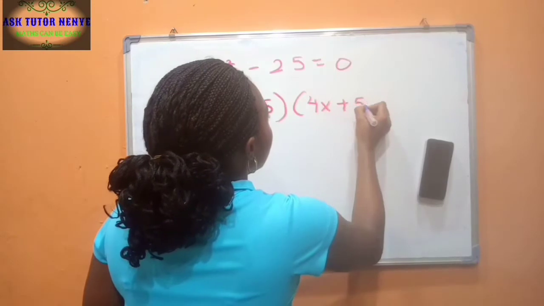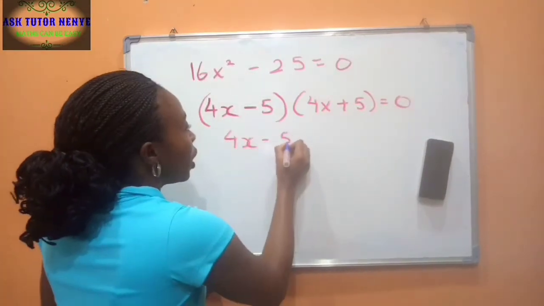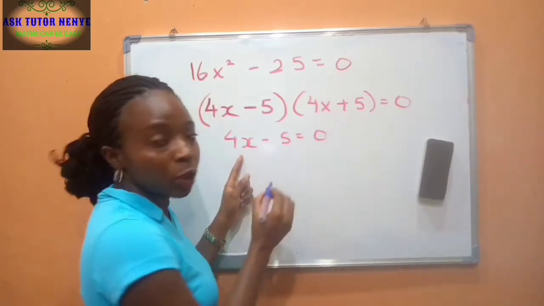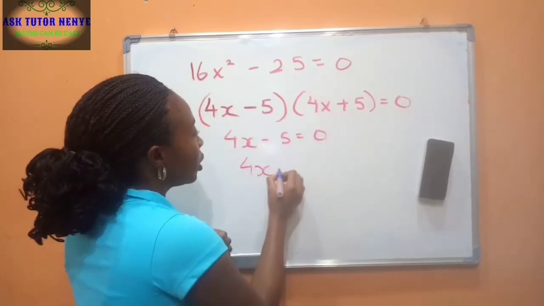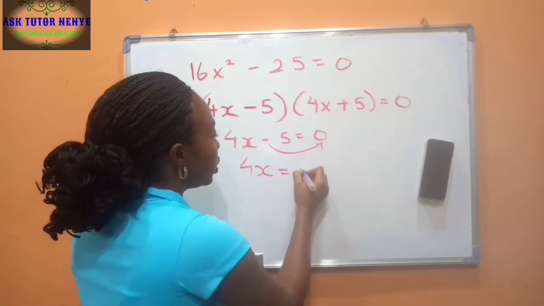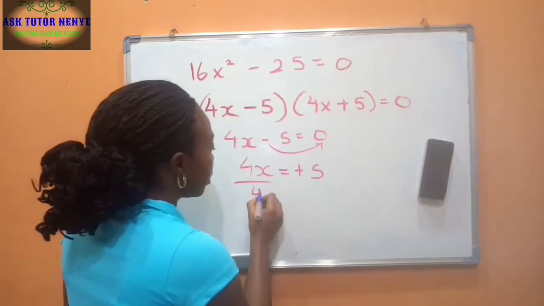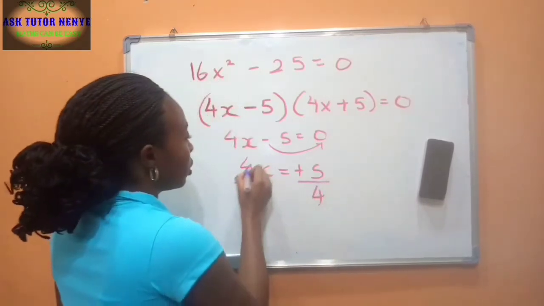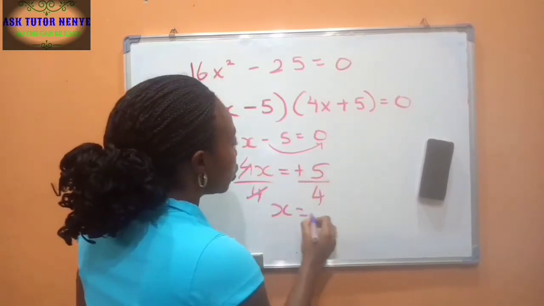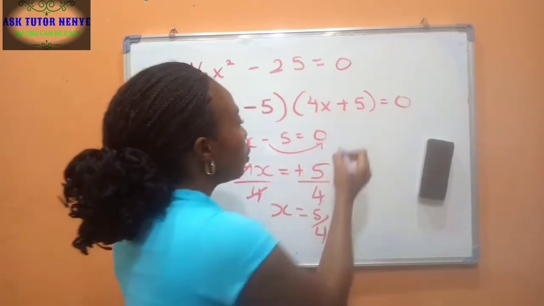We are going to have this equals to 0. 4x minus 5 equals to 0. The next thing we are going to do is 4x equals to, once this crosses to this side, it becomes positive, plus 5. Divide both sides by the coefficient of x. So we have x is equals to what? 5 over 4.